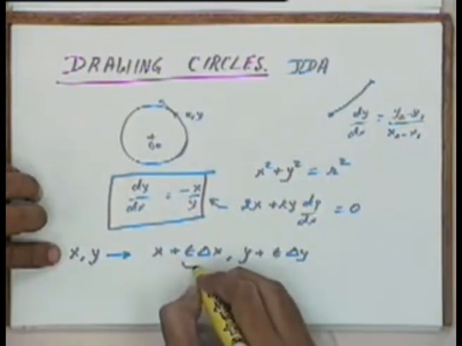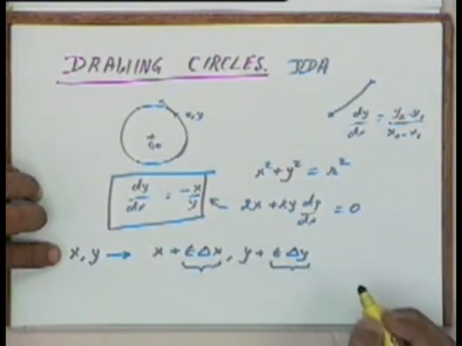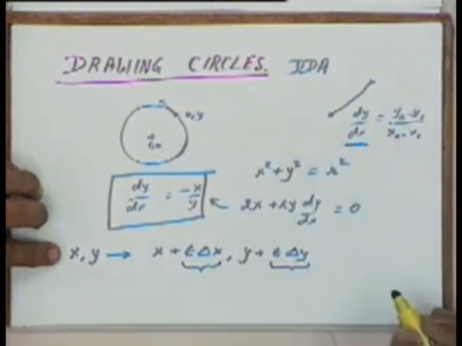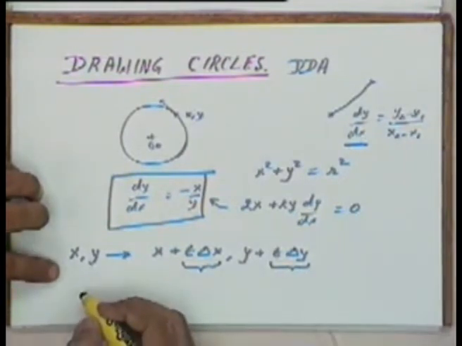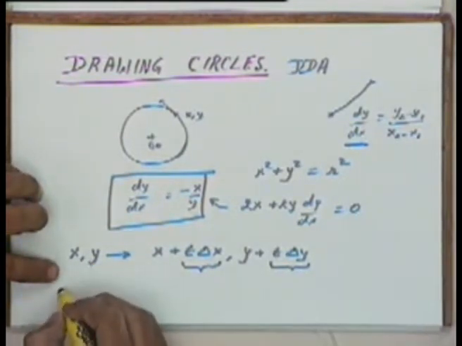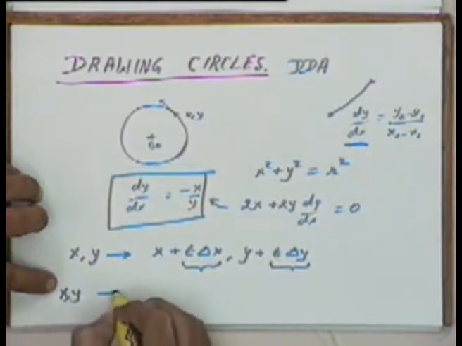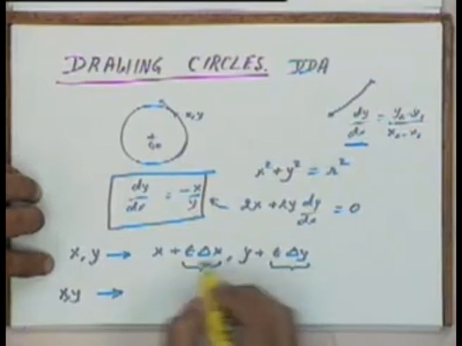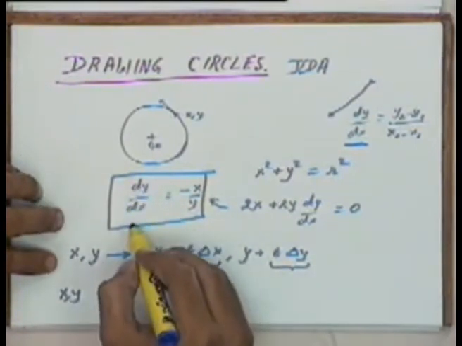So this increment was proportional to dy by dx. We will do the same thing now. From x y, the next pixel to be drawn will be by an increment proportional to this dy by dx.